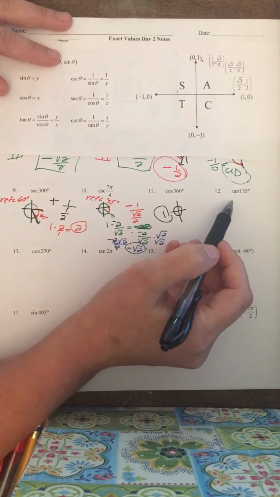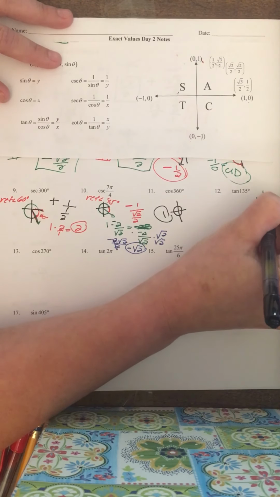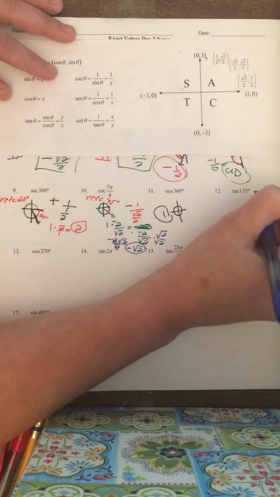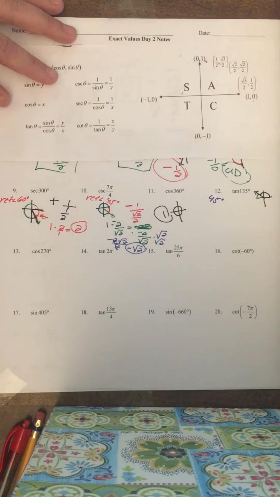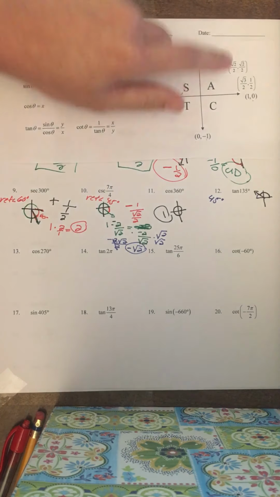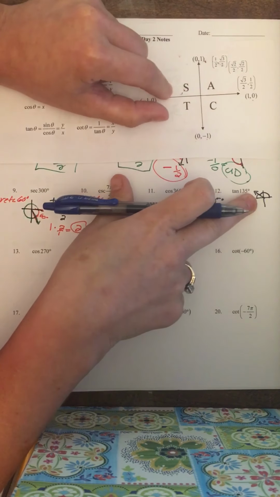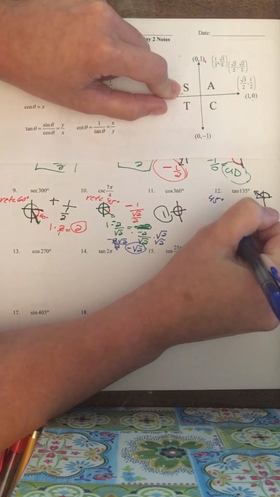Tangent of 135. Okay, so we know 135 is a 90, another 45 degrees. Our reference angle here is 45 degrees. And we have to look at this point. The tangent in the second quadrant is going to be negative because only sine is positive in the second quadrant. So our answer is negative.